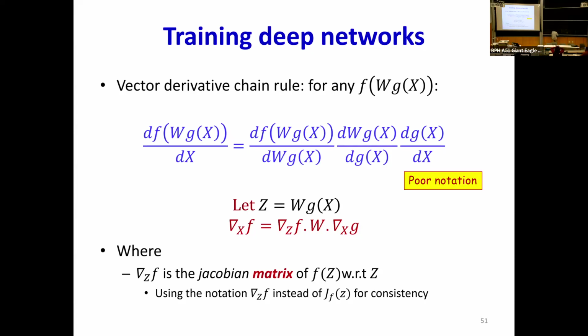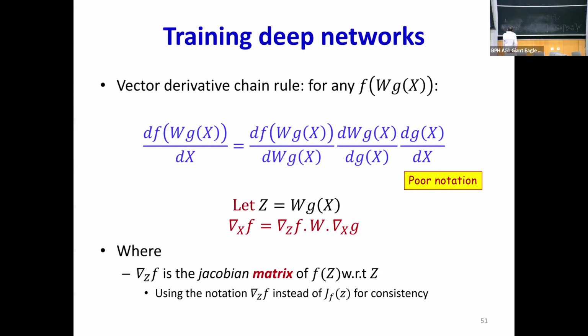If every layer of the network had this form, y equals f of w of x, where x was the output of the previous layer, and this was the weight that was applied, and once I applied the activation f on it, it gave me the output of the current layer.